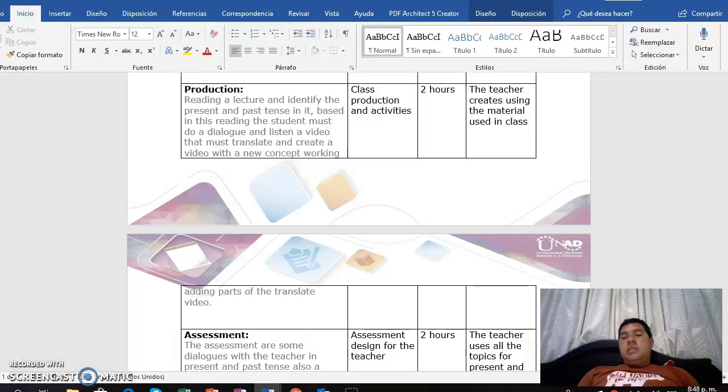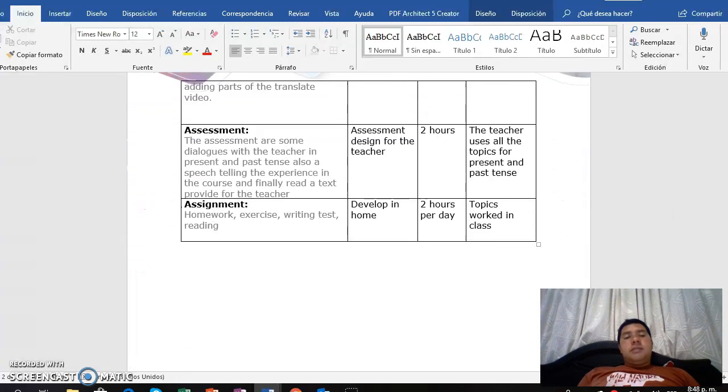After this, we see the assessment, which is obviously taken from the class and from all the materials that the teacher gave in the class, and then the teacher can produce his own exam and work with the students on this assessment.